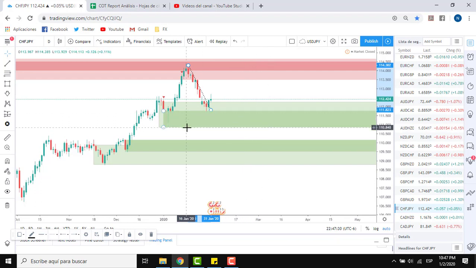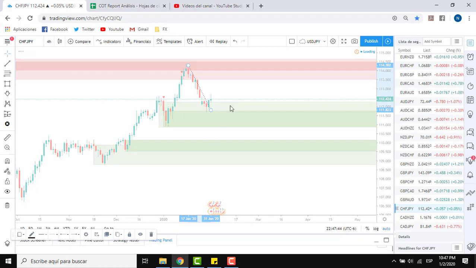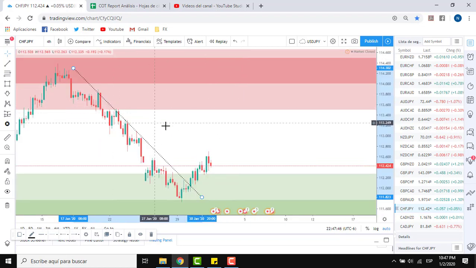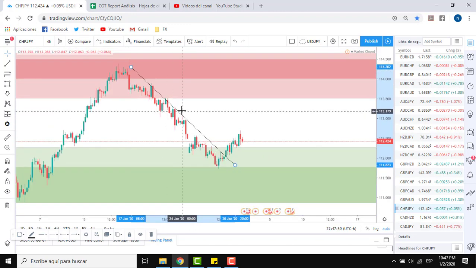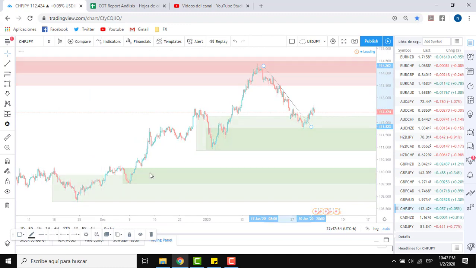I would like to buy at my daily demand zone, which is this green box inside the other one. But on the 4-hour time frame, we already have a confirmation that the price might rally, might go up. That's pretty simple.